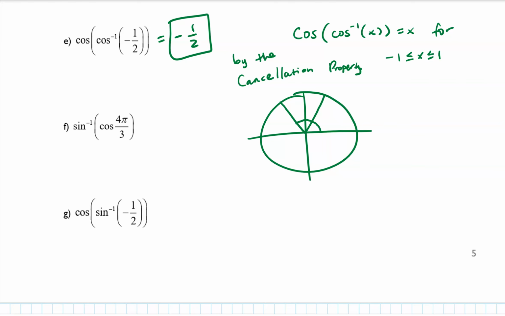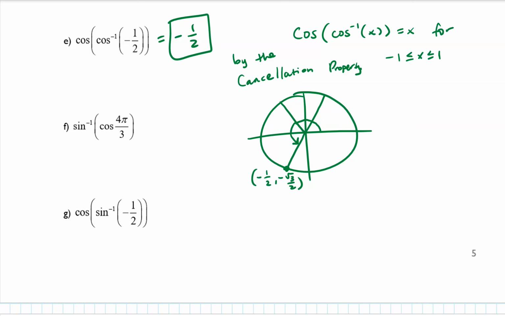This would be 2 pi over 3, 3 pi over 3. And then this would be 4 pi over 3. And we need to think about what that terminal point is there. So that is going to be negative 1/2 comma negative root 3 over 2.